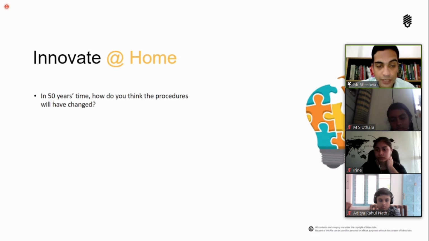It's because of innovation, which we understood in our first session. So I want you to be your innovative best and answer this question: how do you think the procedures will have changed in 50 years' time? Submit your home activity as a PDF or Word doc, whichever you feel comfortable with, and please send it in the WhatsApp group.